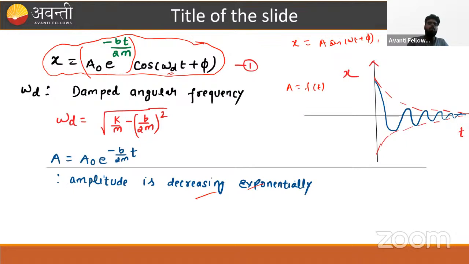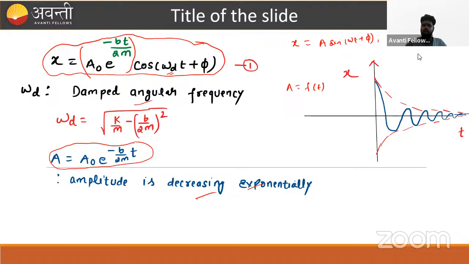Beta, what is omega d? That is known as the damped frequency. How can we write the damped frequency? Under root, k by m minus (b by 2m) squared. Here we can separately write the equation of amplitude: A equals A naught e raised to the power minus bt upon 2m.